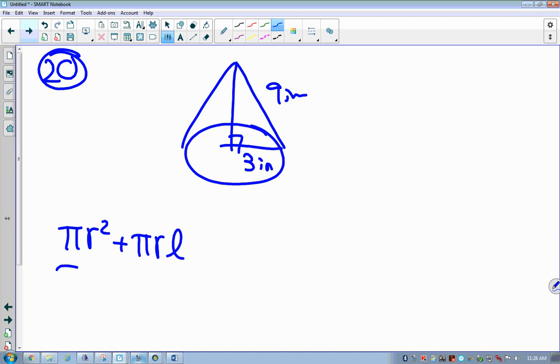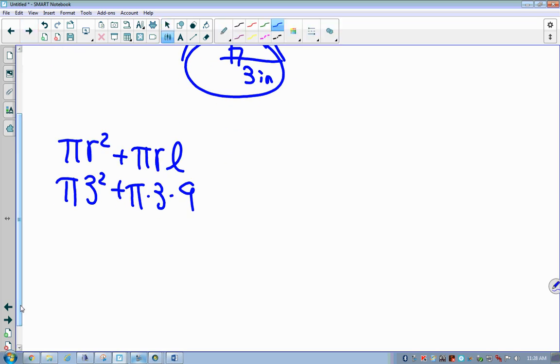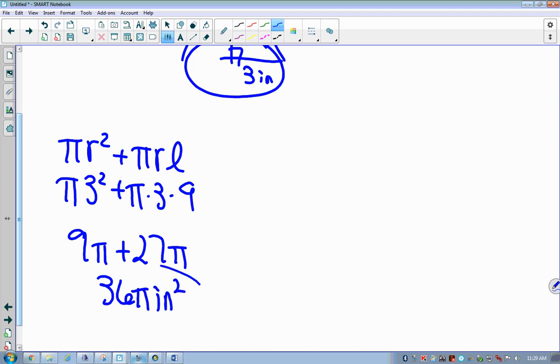So pi times 3 squared plus pi times 3 times 9 should give me 9 pi plus 27 pi, which is 36 pi inches squared. And that's it. All right, I think we're done.